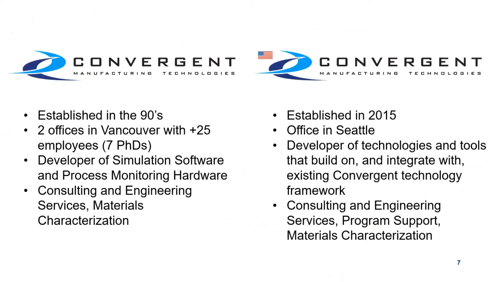We are the original developer of this simulation software and also hardware products to complement your processing and manufacturing processes. We do consulting engineering, materials characterization, we create the software here as well, and we do a lot of other consulting and training work.